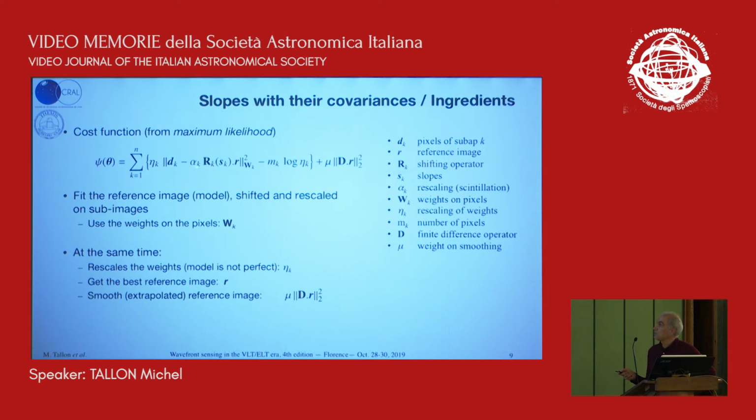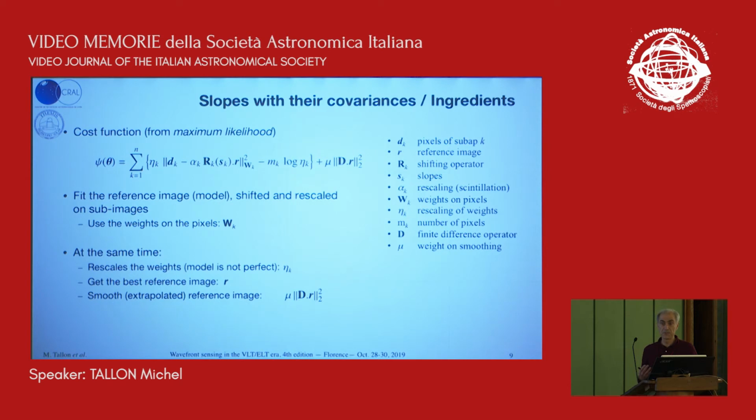We multiply, for each subaperture, K being a subaperture, by a constant because we have scintillation, so we have to take this into account, and we fit the pixels for each subaperture. But the model we want to determine is somehow an average model, and we have seen that in the subapertures, the subimage is distorted.